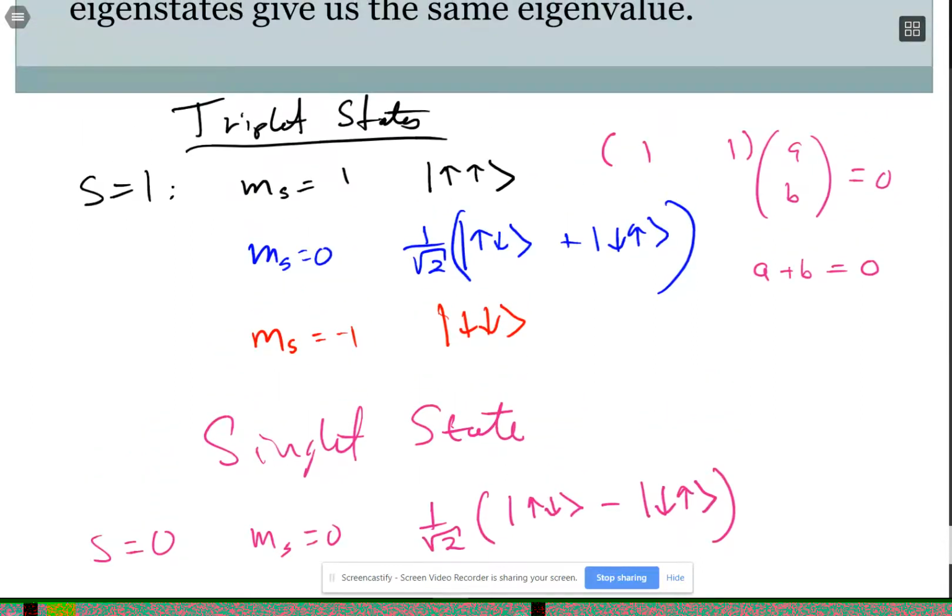To review, how did we find this state here? How did we go? We started with this state. How did we go to that one?